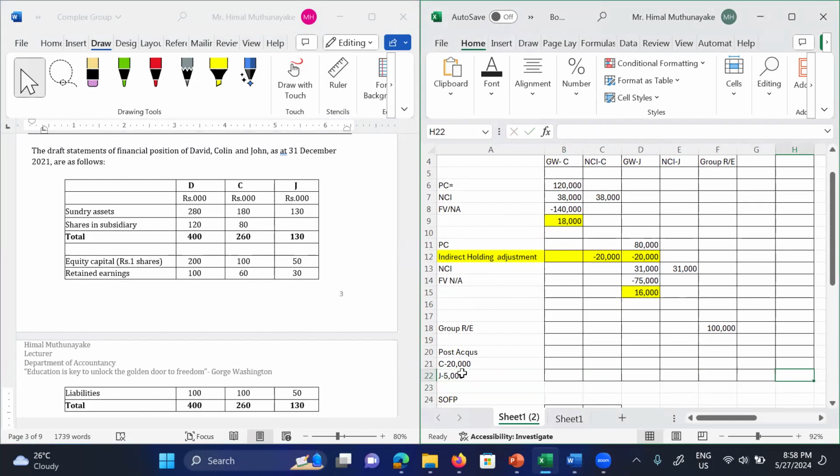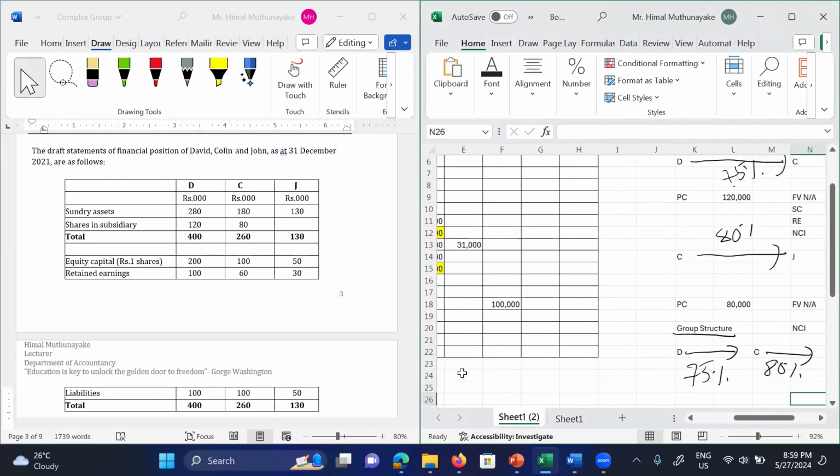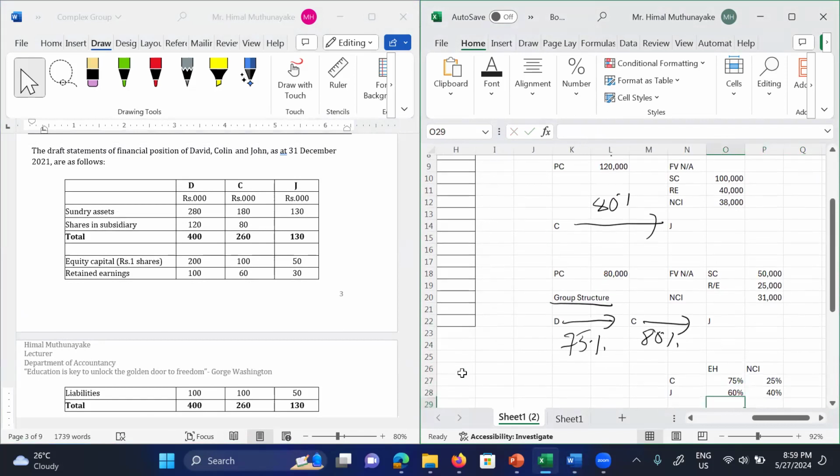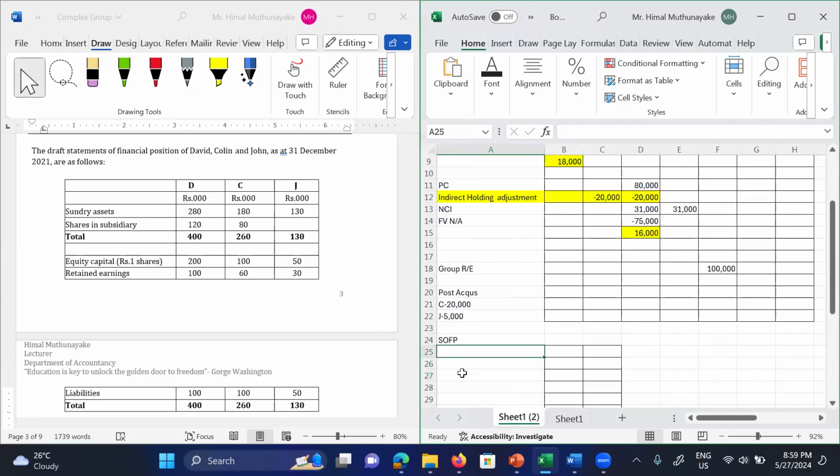So how did we allocate this post acquisition profit? You need to remember, by using the effective holding. For company C, we are using 75% and 25%.